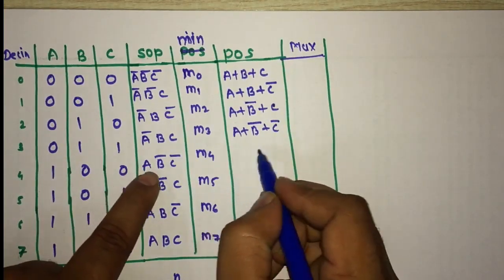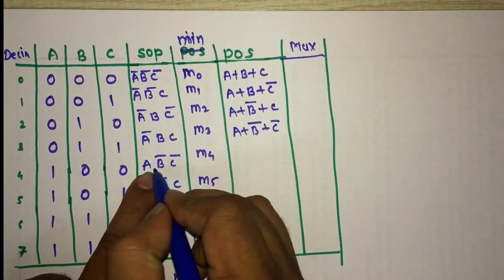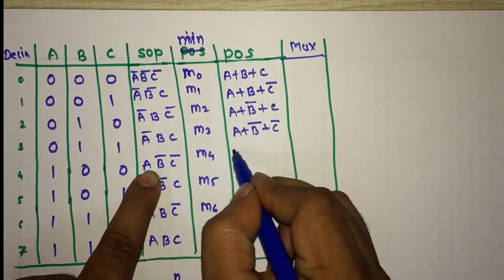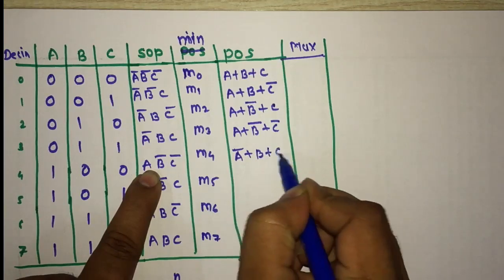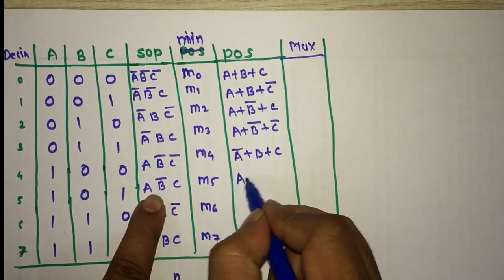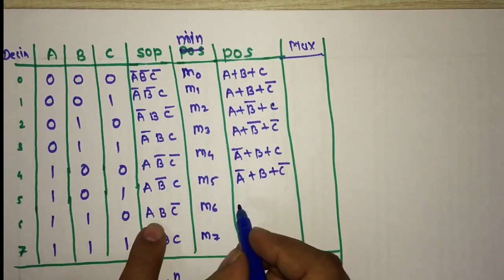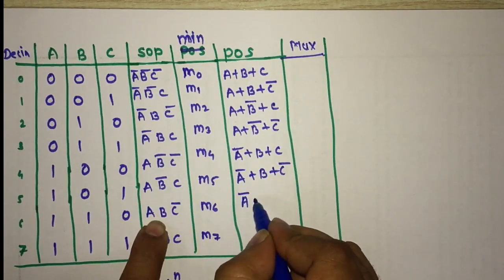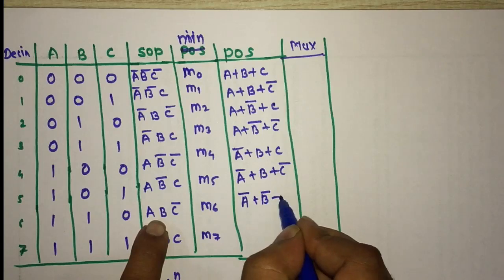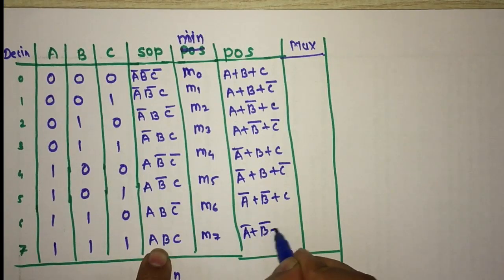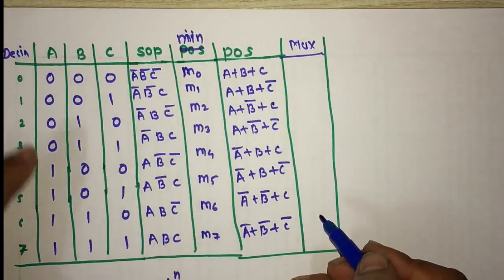Okay, this term is exactly opposite to the product term also, so you can directly write from this term: A bar plus B plus C, A bar plus B plus C bar, A bar plus B bar plus C, and the last one A bar plus B bar plus C bar.